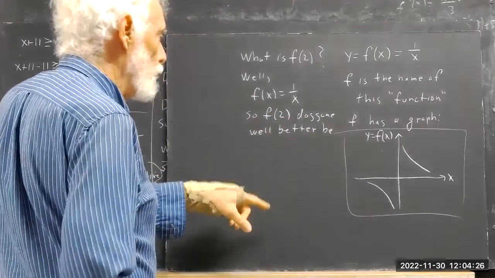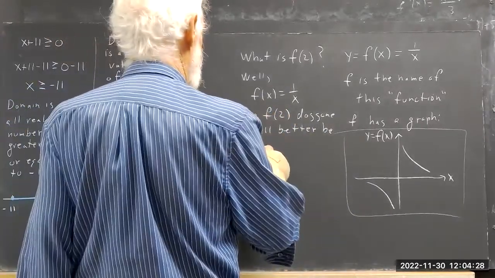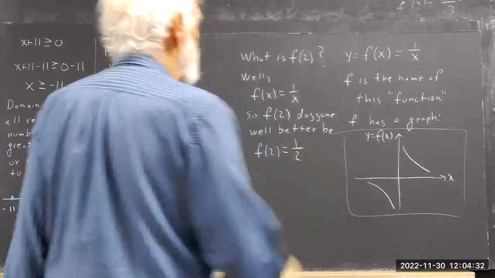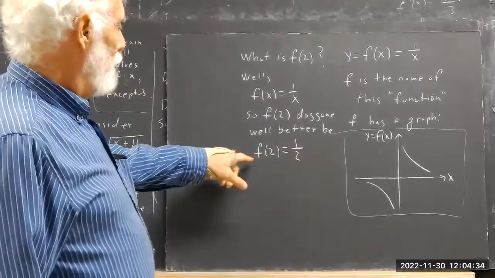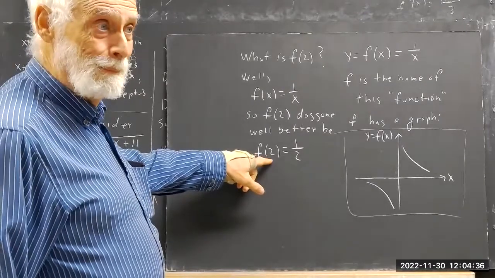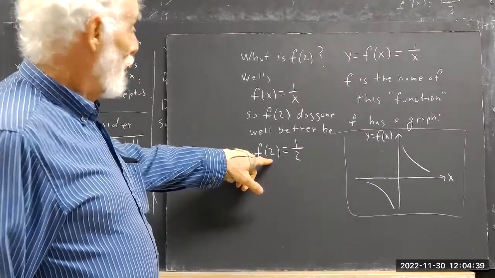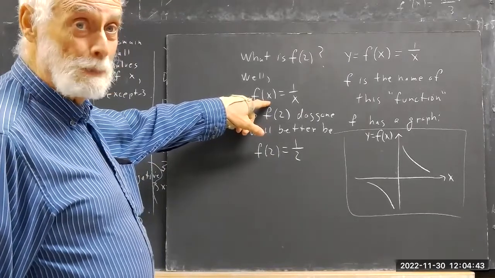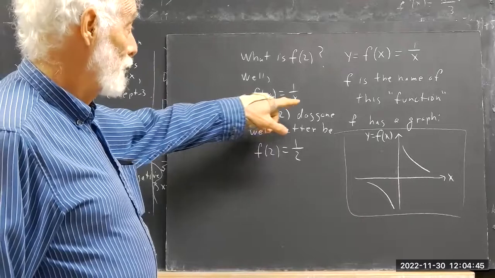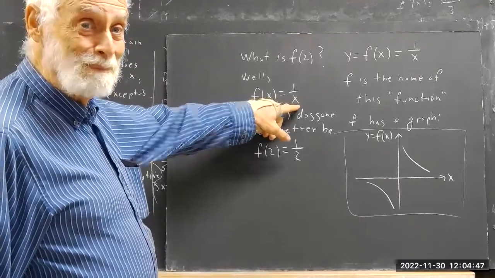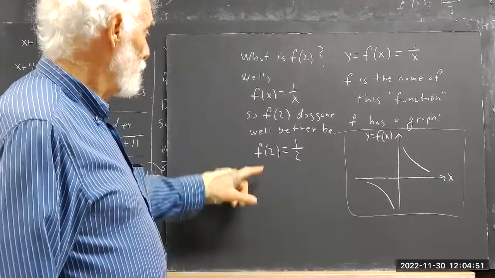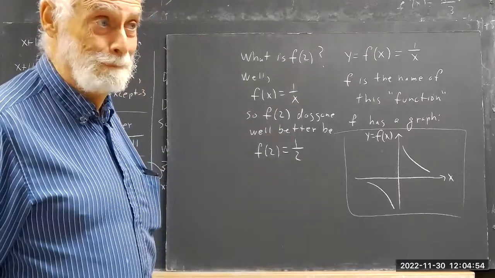So f of 2 doggone well better be... Well, if I write f of 2, that means x has to be 2. So if f of x means 1 over x, f of 2 means 1 over 2.